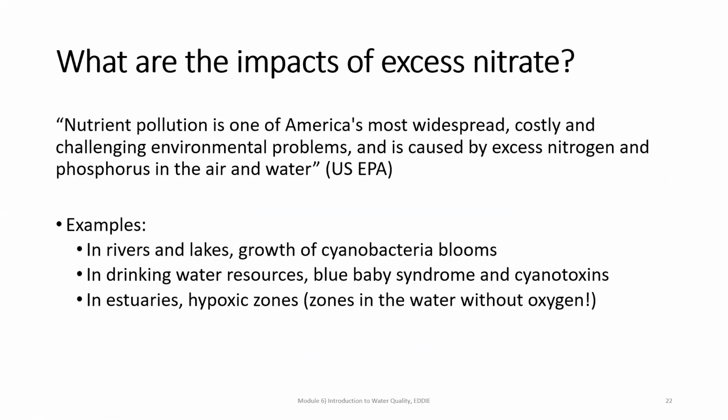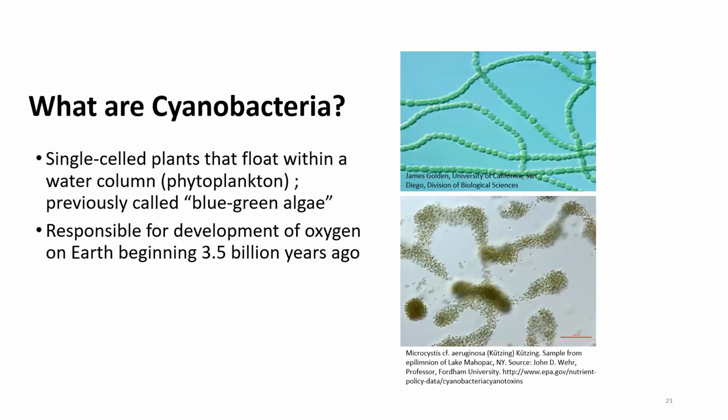In drinking water resources, if you have some in the water, right, you might be exposed to a lot of toxins, and this, of course, can be detrimental to health. In estuaries, you can have areas that are hypoxic, meaning they don't have any oxygen, and that's because there's so much plant growth and decaying matter that it's actually taken all the oxygen out of the water.